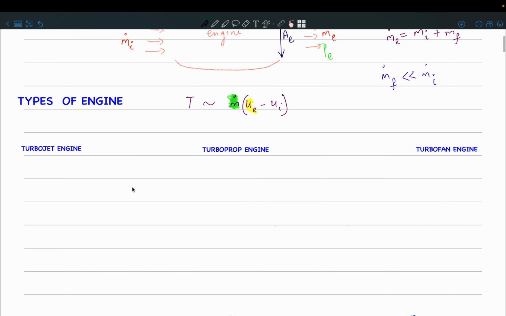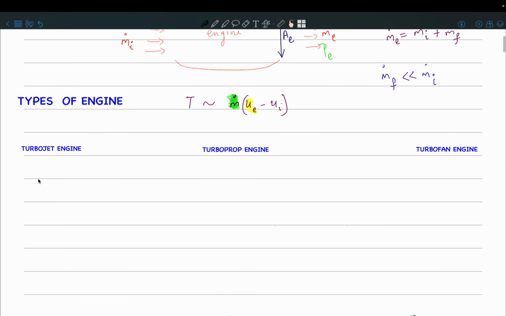Anyone? Right. So in the turbojet engine, what we want to do is increase the exhaust velocity. That is, we increase UE and we don't try to increase the mass flow rate of air that you're taking.